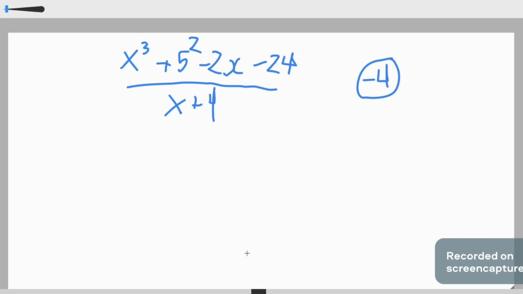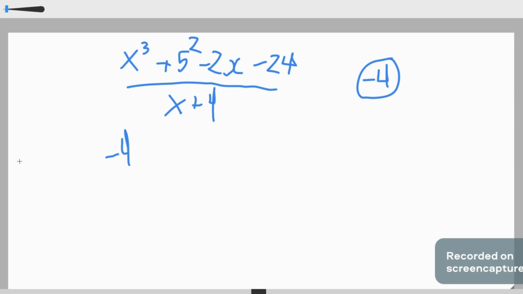So anyways, now that we have that done, and we kind of have our equation, x plus 4, and then x cubed plus 5x squared minus 2x minus 24, we can start formatting this. We're gonna take our numbers out of this equation. This negative 4 that I took out of there, that's what we're gonna be breaking all of this down with. We kind of need this number. Why?